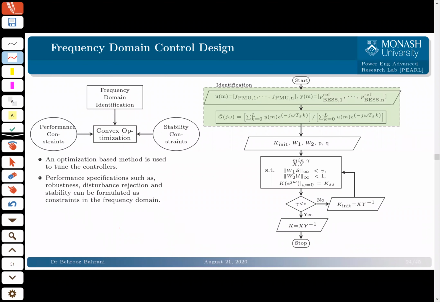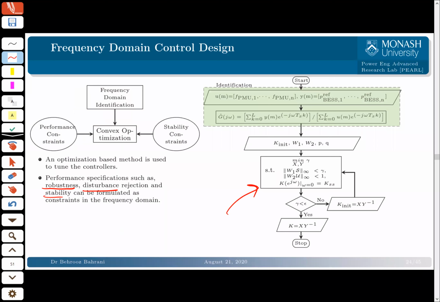These performances are robustness, disturbance rejection, and stability. They're all formulated into a control design using different constraints in an optimization problem, which would minimize the sensitivity function of the system. So that would give us good disturbance rejection and a good stability margin for our system.